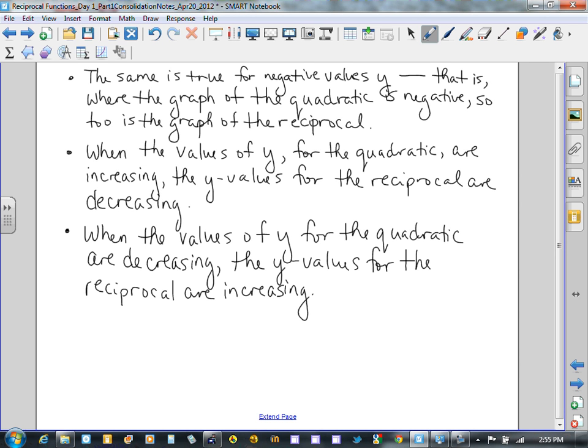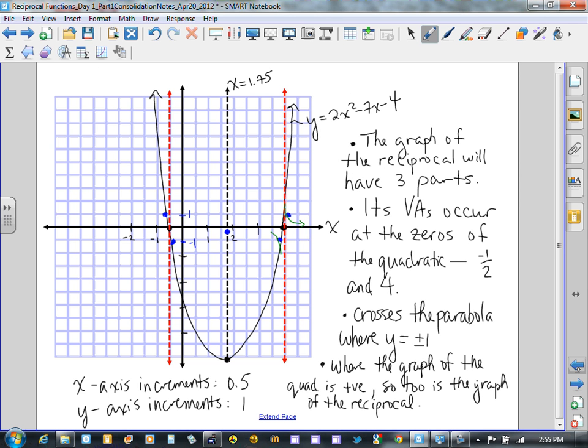Okay, so with that information at hand, we can go back to our graph and continue our sketch.